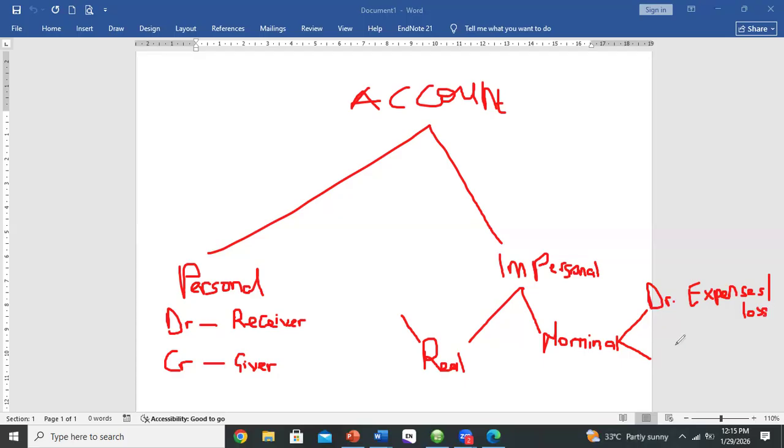And then we credit income, gains, and revenue.